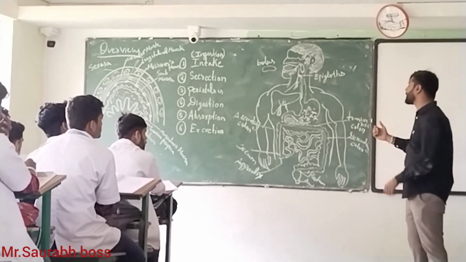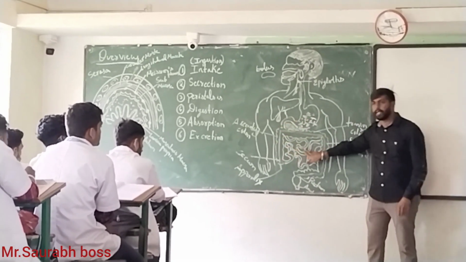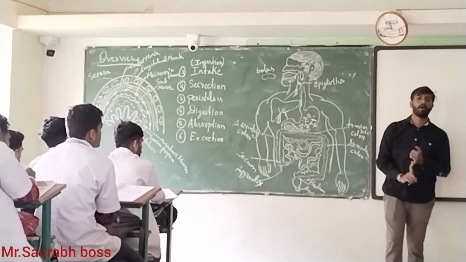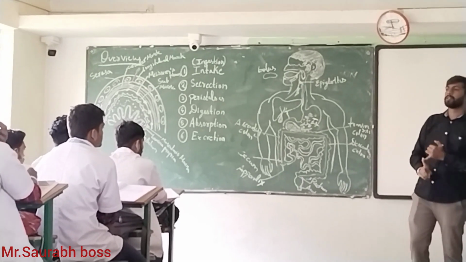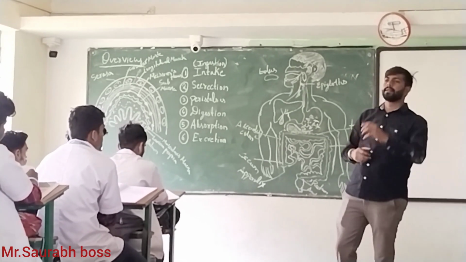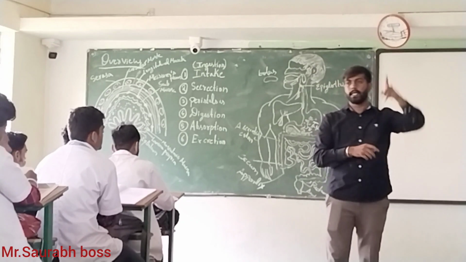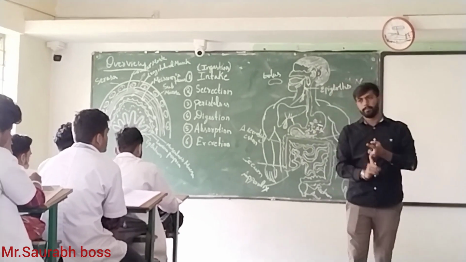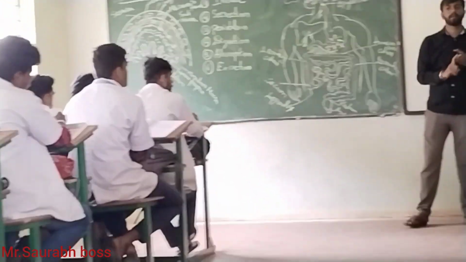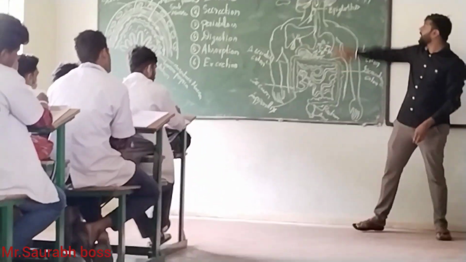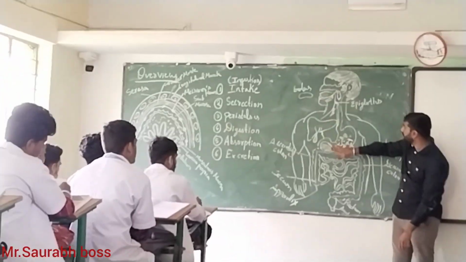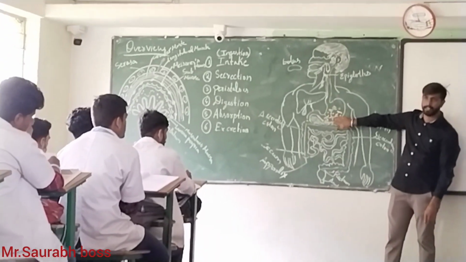That chyle will go into the intestine. Which intestine? First is the small intestine. In the small intestine, all three digestions take place: carbohydrate, next protein, then fats. In the mouth, only carbohydrates. In the stomach, carbohydrates with proteins.